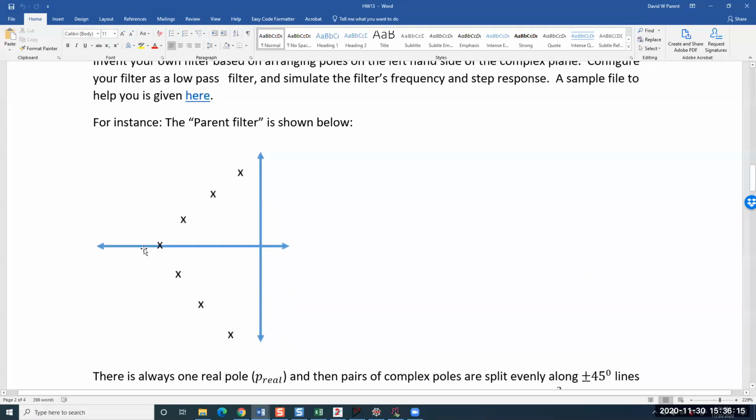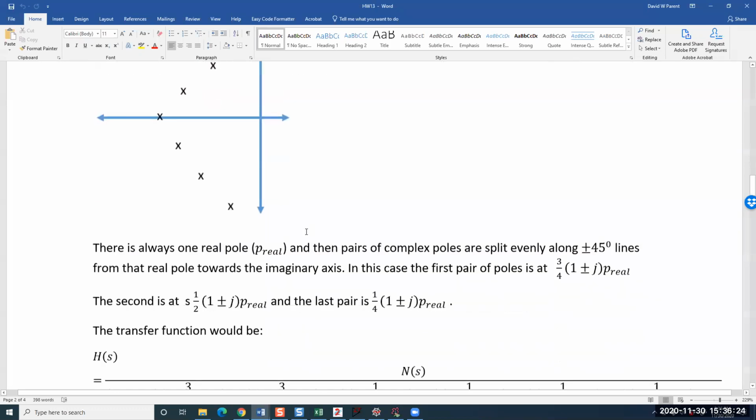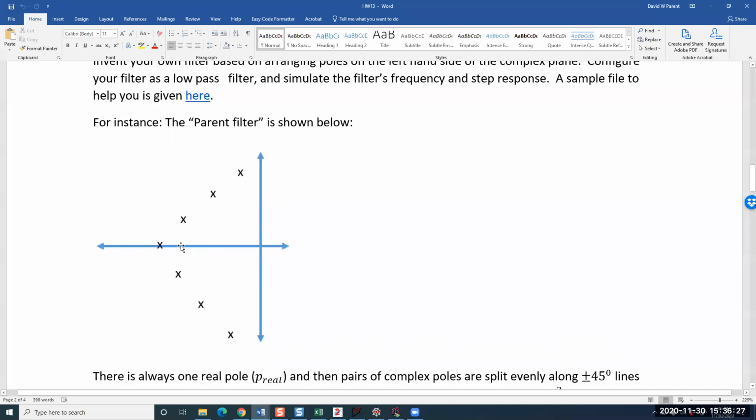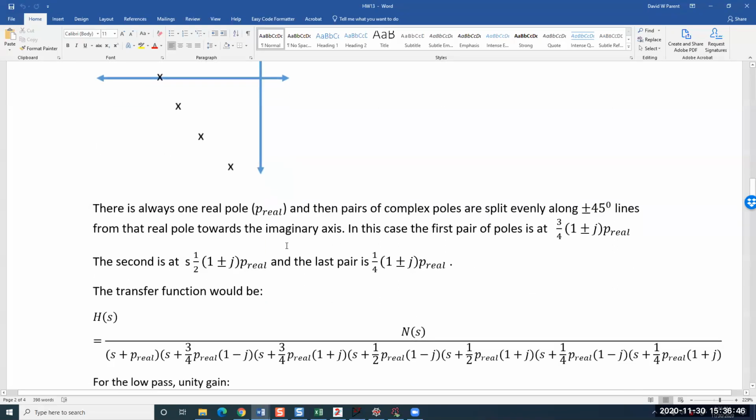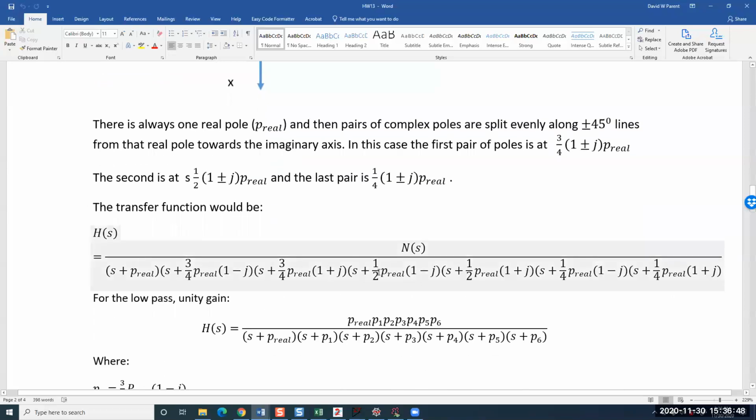I have a pole here, and then I divide up the distance by whatever number of poles there are, with a straight line back instead of a semicircle. Your algorithm could be a hemisphere or an ellipse, or maybe a backwards ellipse, or maybe a box, just some kind of shape that you can turn into an algorithm.